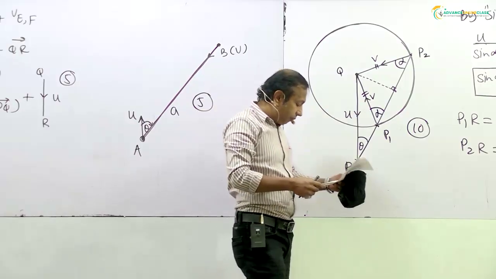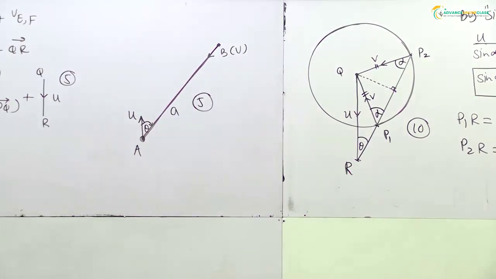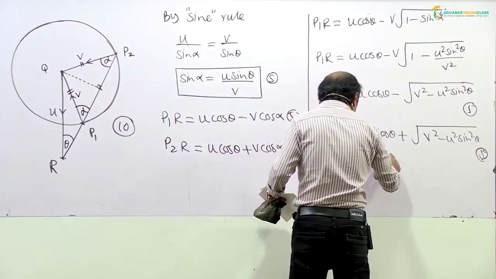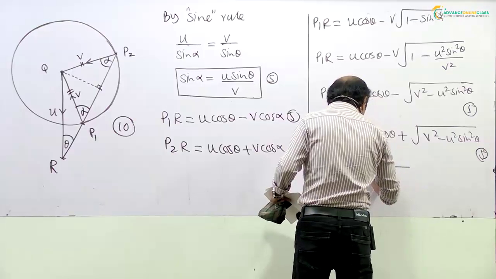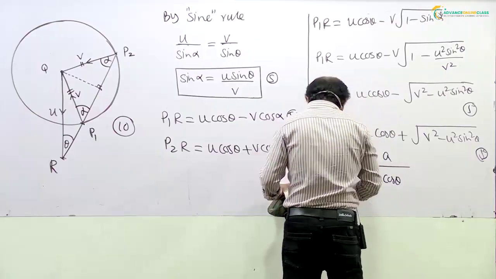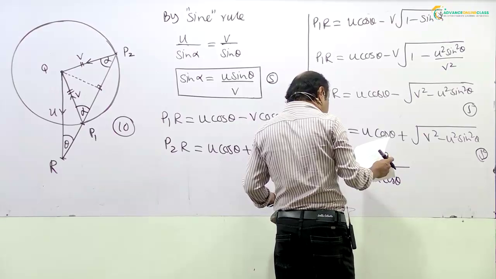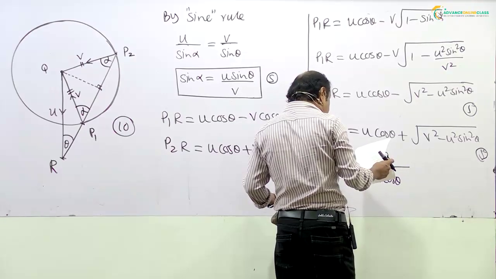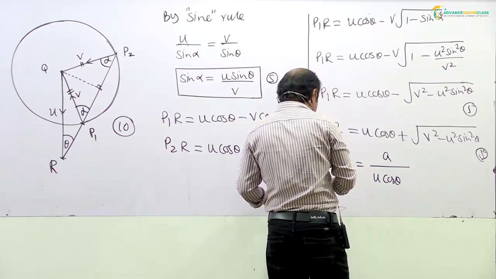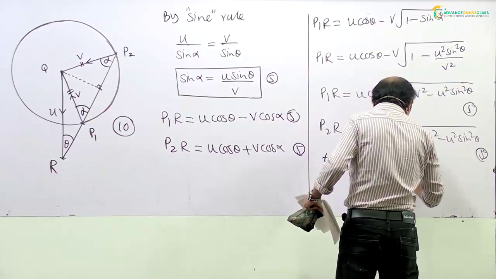So then we can write T minimum and T max. Right. T minimum is what? A divided by maximum velocity. Now, the maximum velocity out of these two is what? P2R, u cos theta plus the square root. What is the question asking? Asking to find the minimum and maximum times he takes. Yes. T minimum means distance divided by maximum velocity.